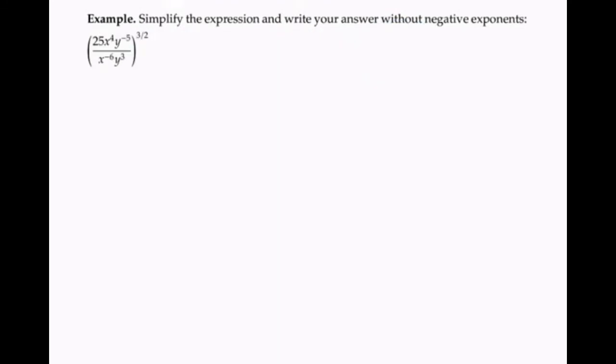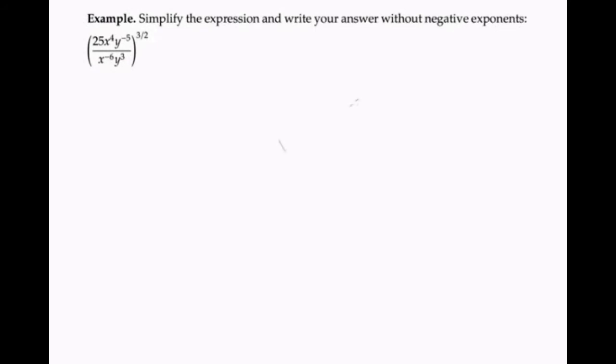In this last example, we have a complicated expression raised to a fractional power. I am going to start by simplifying the expression inside the parentheses. I can bring all my y's downstairs and all my x's upstairs and get rid of negative exponents at the same time.